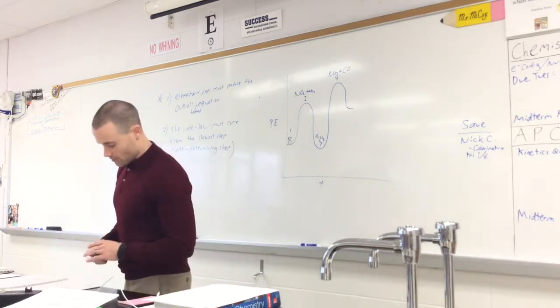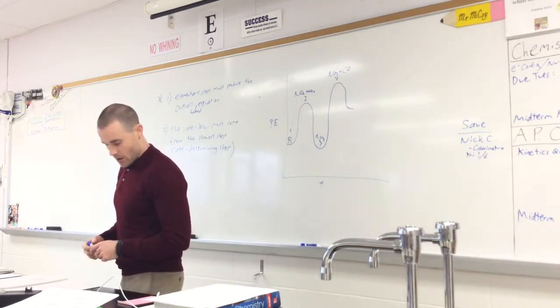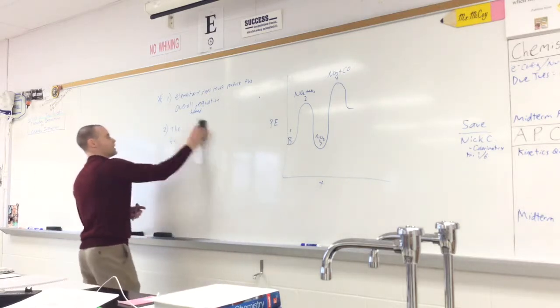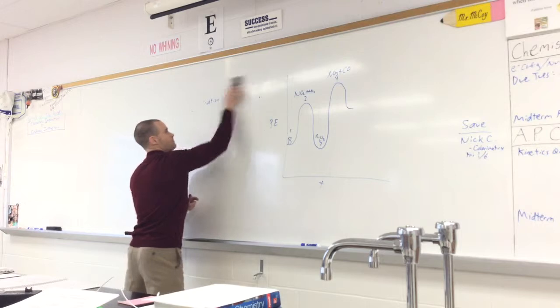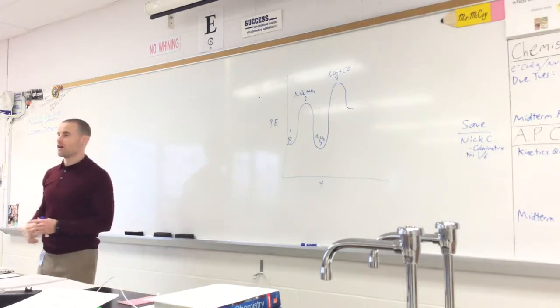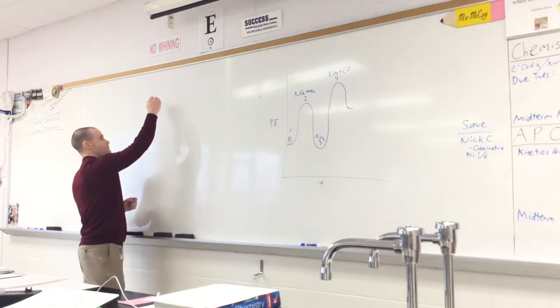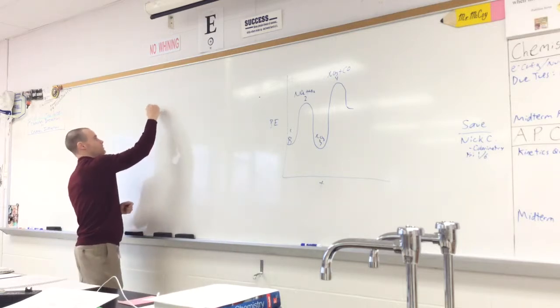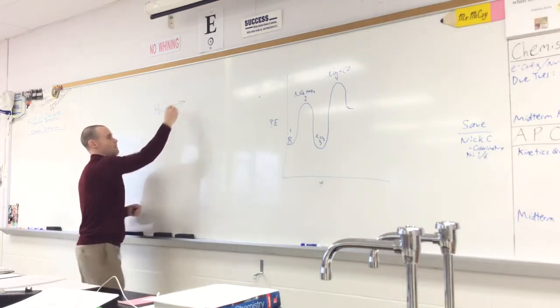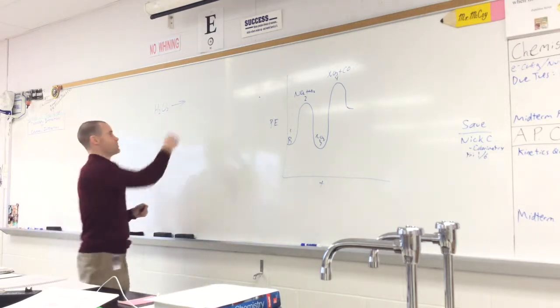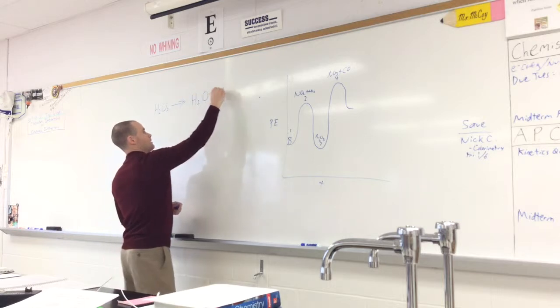So let me give you an example here, and then we will do the lab. All right, so the decomposition of hydrogen peroxide. What's the reaction? Remember I wrote it the wrong way and couldn't figure out how to balance it. So what's the correct way to do it? H2O2 yields H2O plus O2.